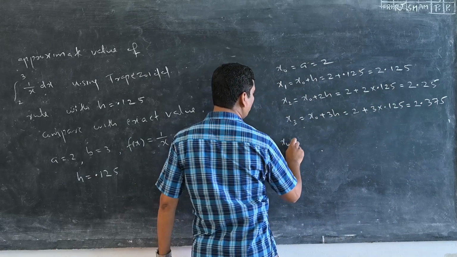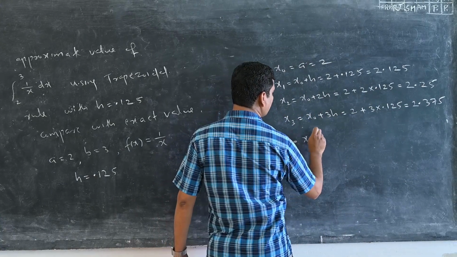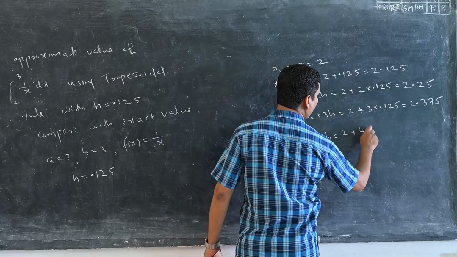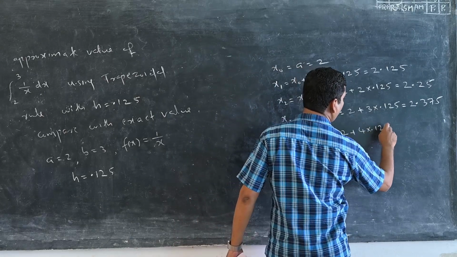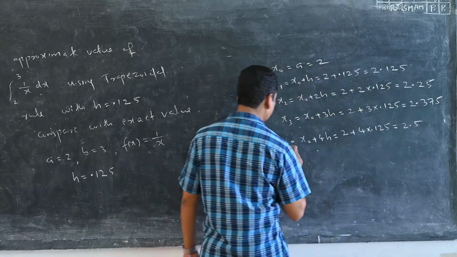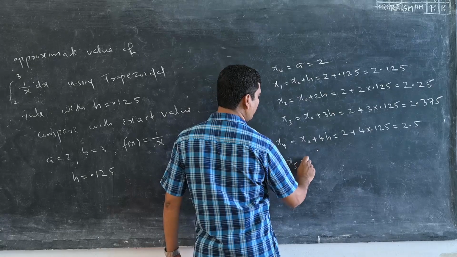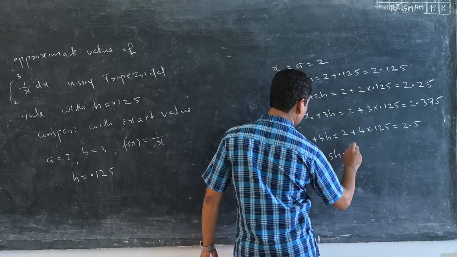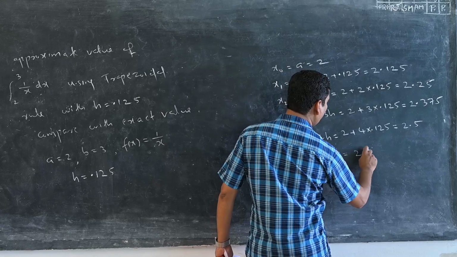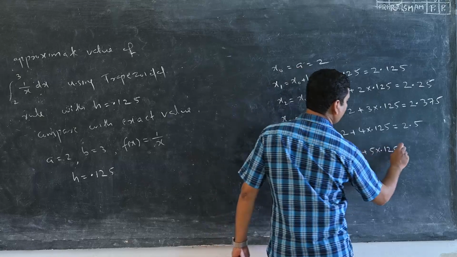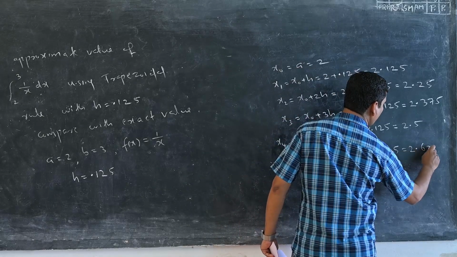X4 is equal to x naught plus 4h, 2 plus 4 into 0.125, this 2.5. X5 is equal to x naught plus 5h, 2 plus 5 into 0.125 is 2.625.